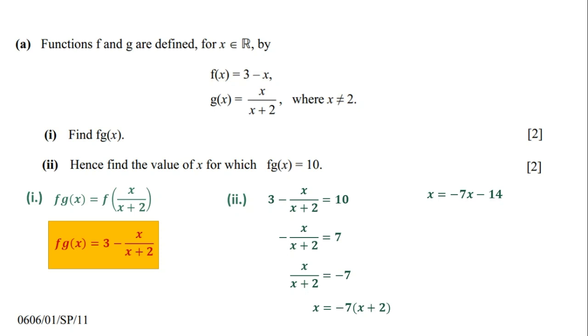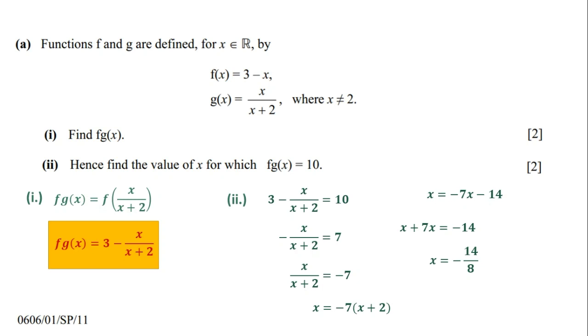Negative 7 times 2 is negative 14. If I want to make the subject of the formula the x, then it will become x plus 7x is equal to negative 14. And x plus 7x is equal to 8x. So 8x is equal to negative 14.